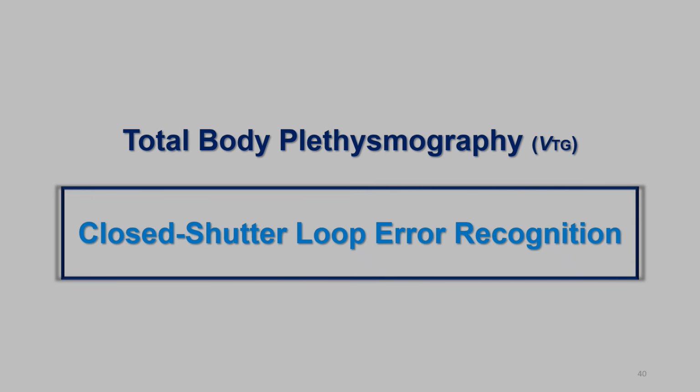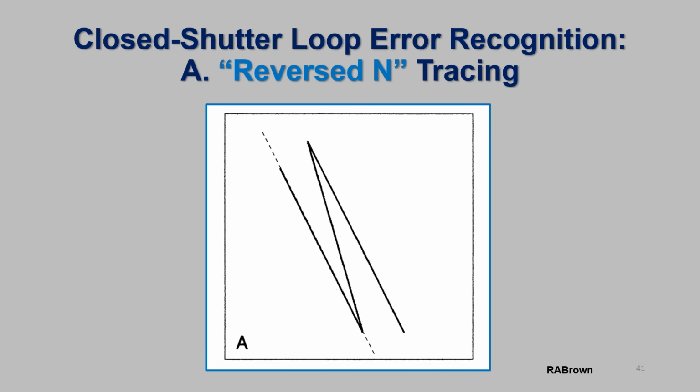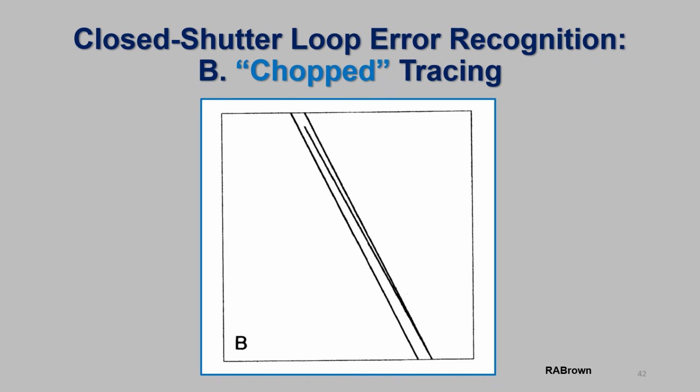So let's take a look at some common closed shutter loop errors. The reversed end tracing represents drifting box pressure and is caused in most cases by incomplete thermal equilibration. The chop tracing represents overranging of the mouth pressure transducer and is caused by the subject panting too deeply.